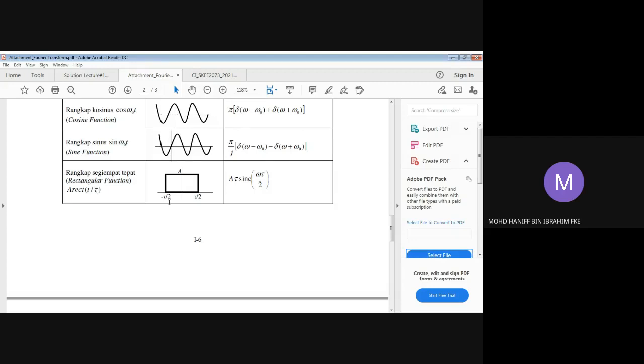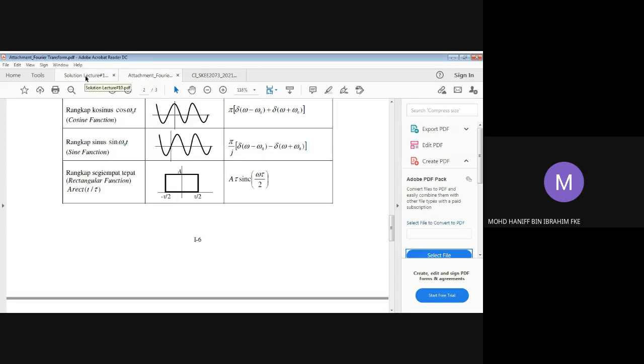Its respective Fourier transform will be A tau sinc(omega tau divided by 2). So our task now is to identify from the problem what the A value and the tau value should be, so we can straight away substitute them in its Fourier transform.